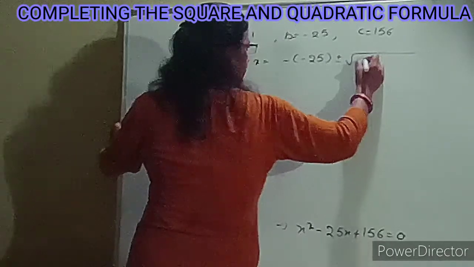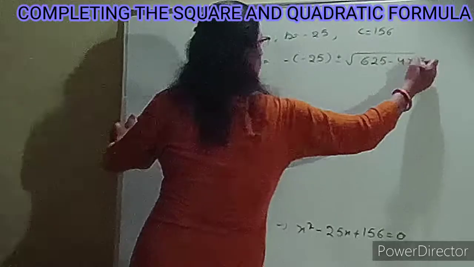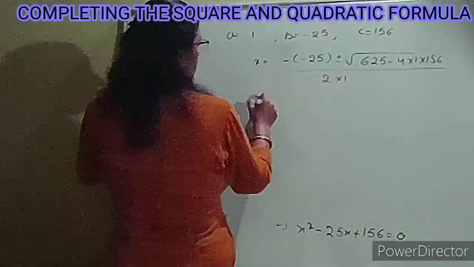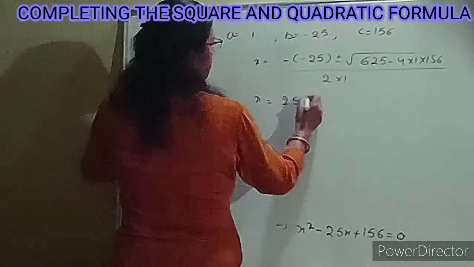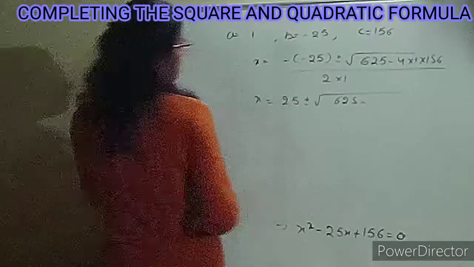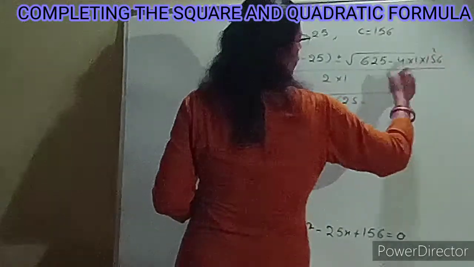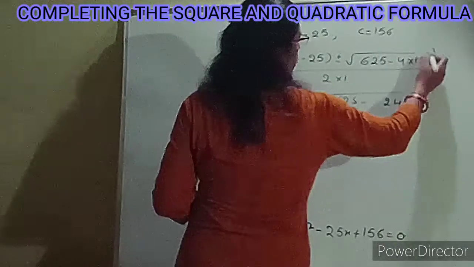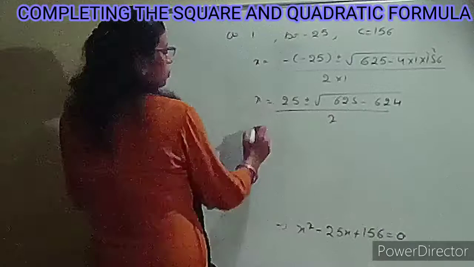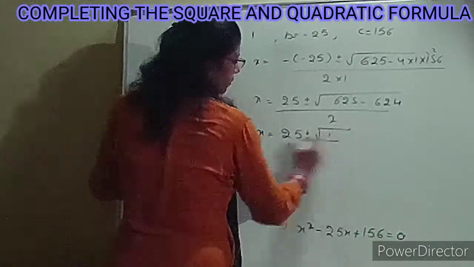So b square I am directly writing 625 minus 4 into a into 156 divided by 2 into a. a is 1. So x is equal to 25 plus minus root of 625 minus 6 4s are 24, carry over 2, 5 4s are 20, 22, carry over 2, 4 2s 4 is 4, 624. Whole divided by 2. So you will get x is equal to 25 plus minus root of 1 upon 2.